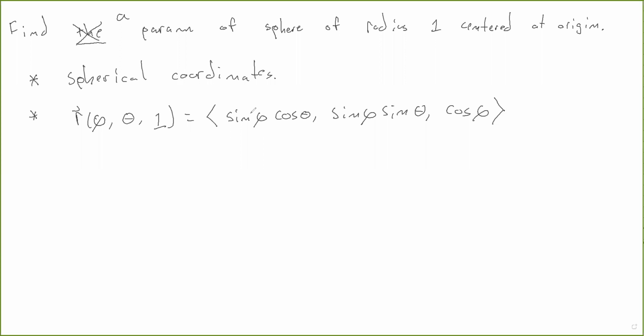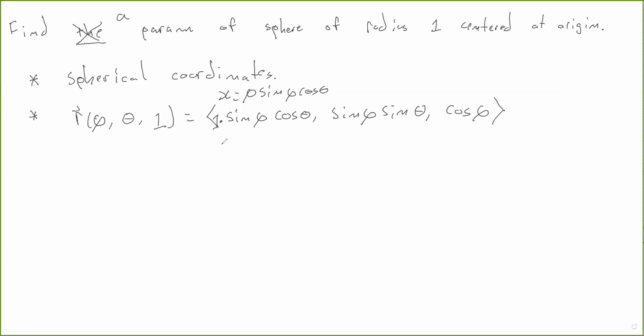This is what it's going to be. Because remember, what is x in spherical coordinates? x is equal to rho sine phi cosine theta. y is equal to rho sine phi sine theta. z is equal to rho cosine phi. Okay, so if rho is equal to 1, there's just a 1 there.